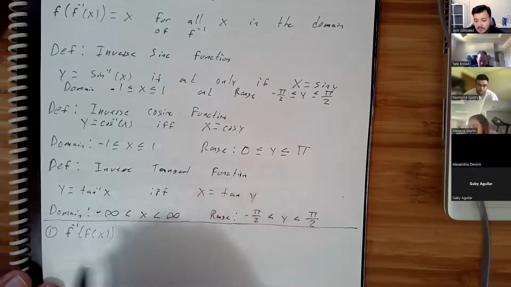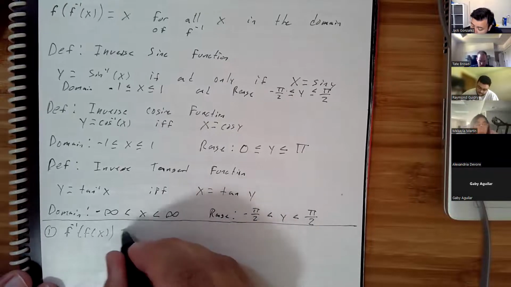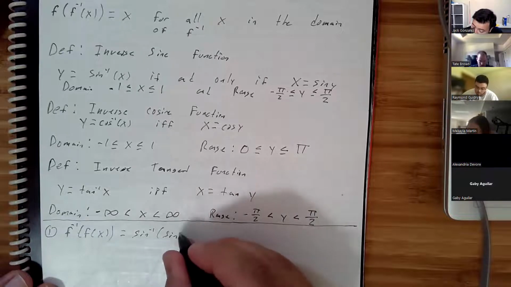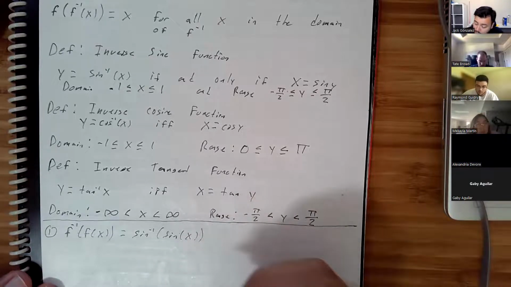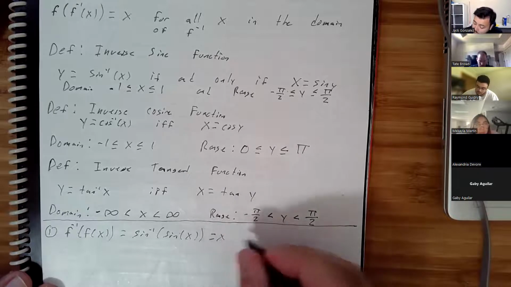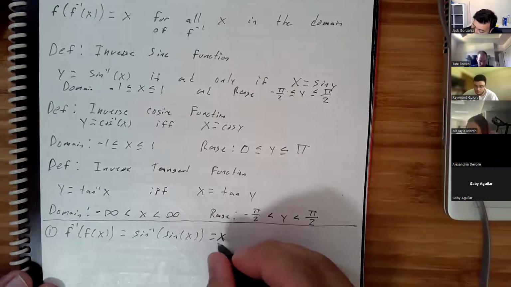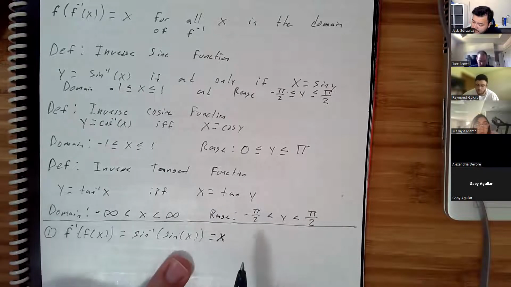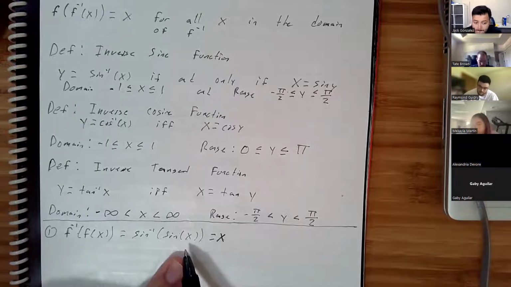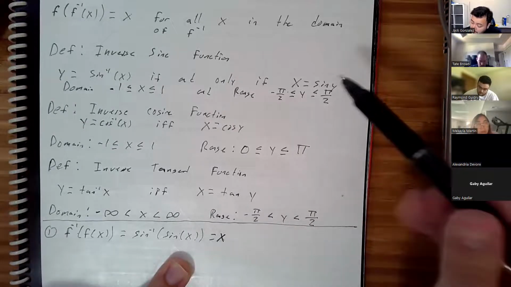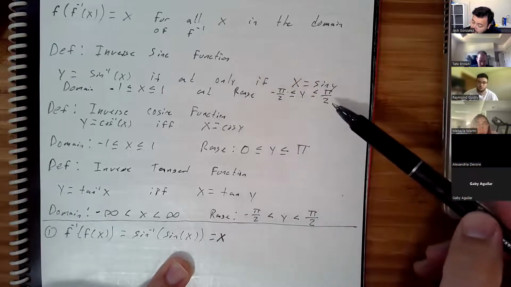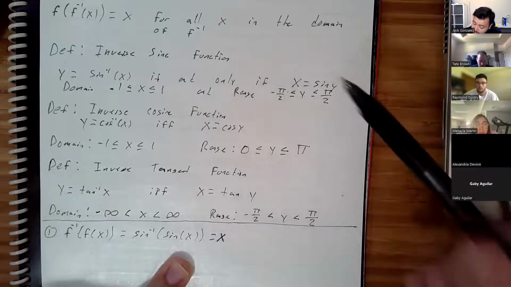So if you have f inverse of f, in other words sine inverse of sine, that will cancel. Now check it out, it all depends on what's inside. Here we have to look at the range.